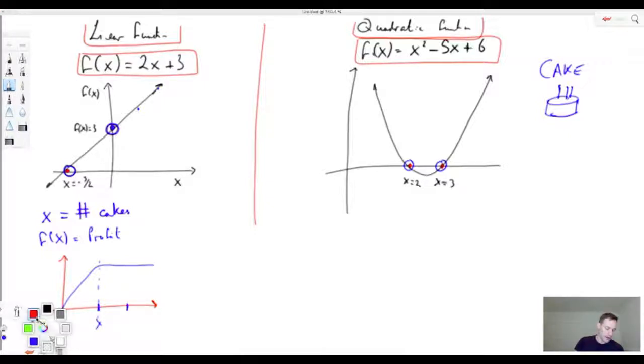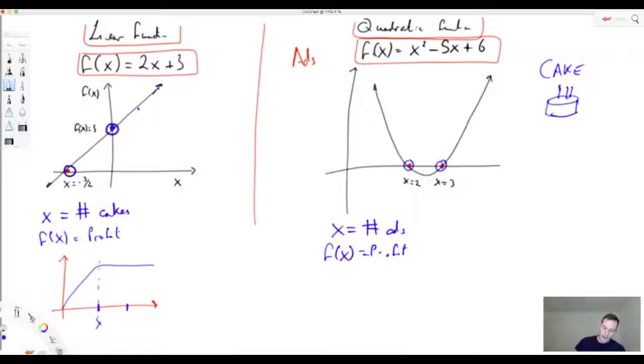Okay, now the next one is all about ads. So this time x is equal to the number of ads that they take out in whatever various places where they can put ads. And f of x is again equal to the profit.